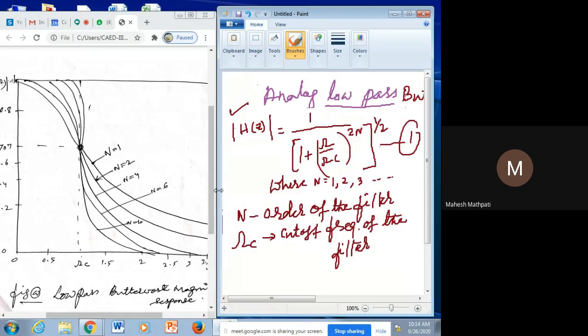Okay. Now, the following observations are made from figure A. In that, the first one, let me write it this way.